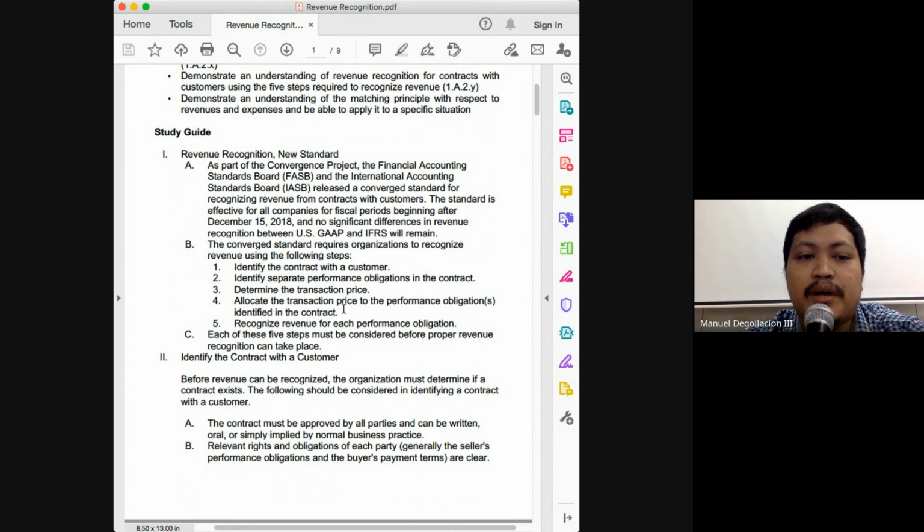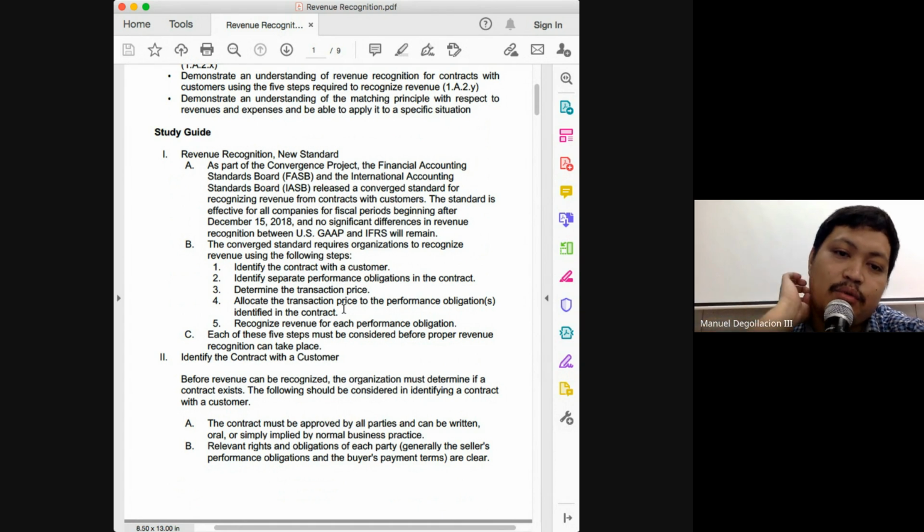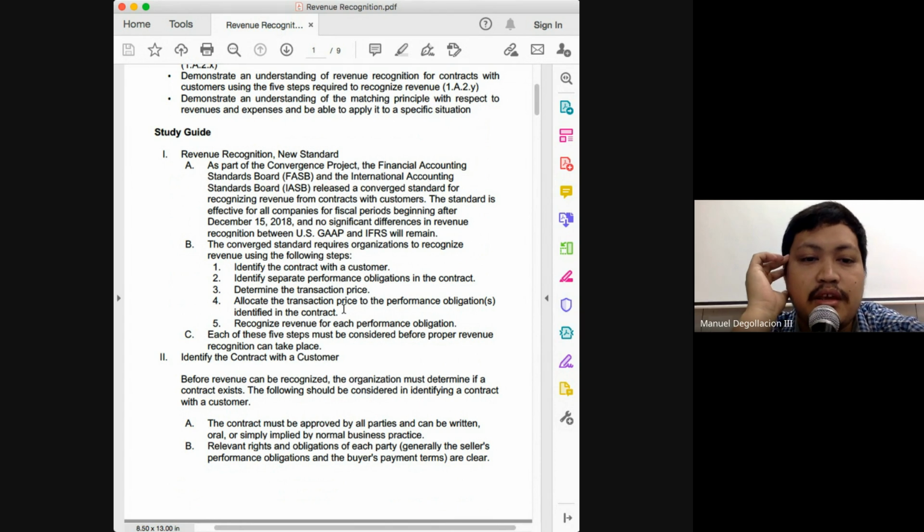But if you are going to expand step 4, allocate what? The transaction price to the what? The transaction price to the performance obligations which you have identified in the contract. And number 5, recognize revenue from each performance obligation. Performance obligation here is repeated 3 times, in step 2, step 4, and step 5. But again, identify, determine, allocate, and recognize.